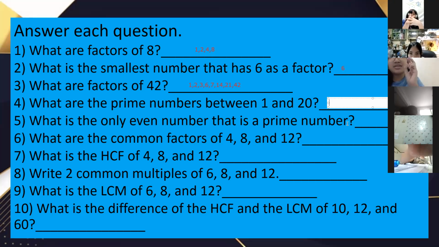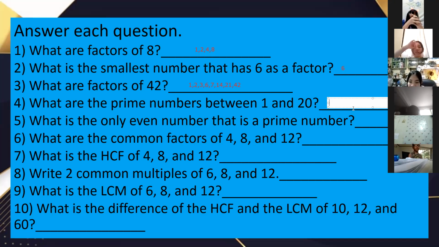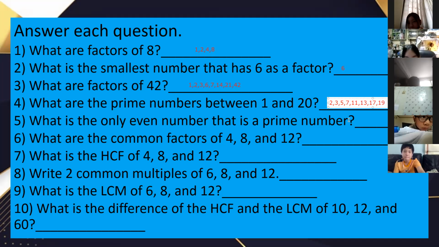What are the prime numbers between 1 and 20? 2, 3, 5, 7, 11, 13, 17, 19. Okay.